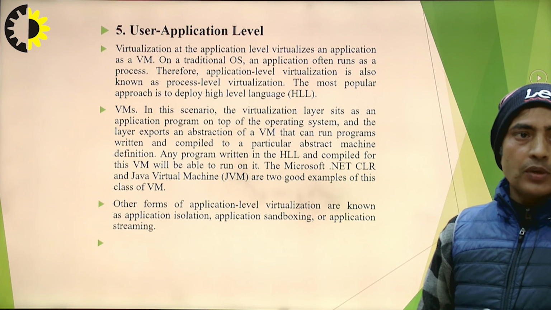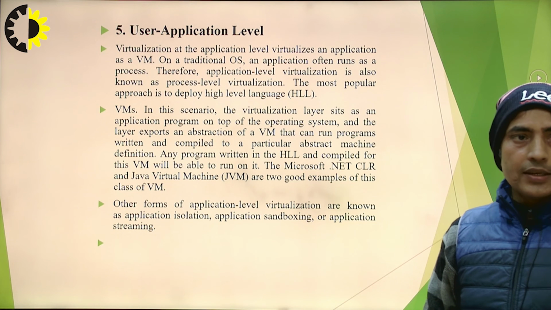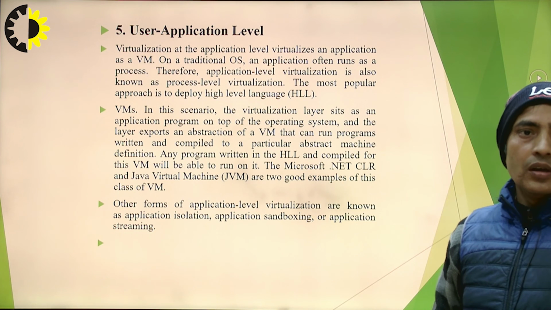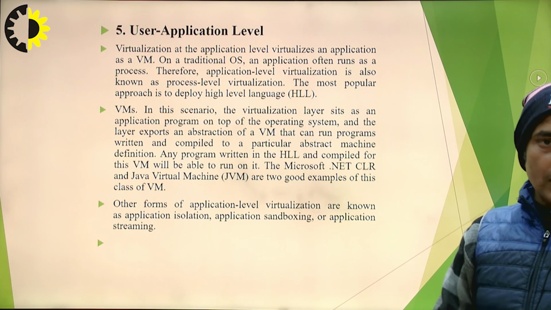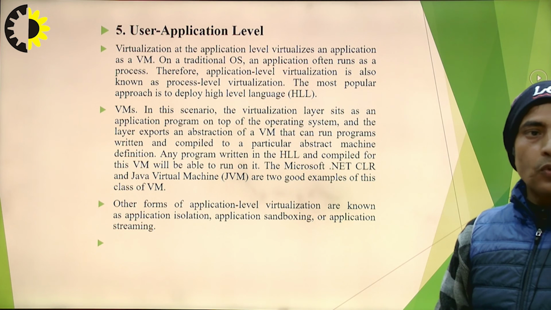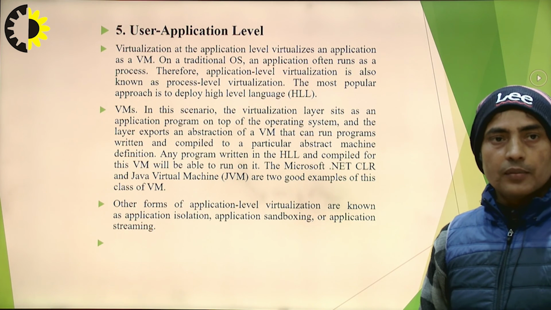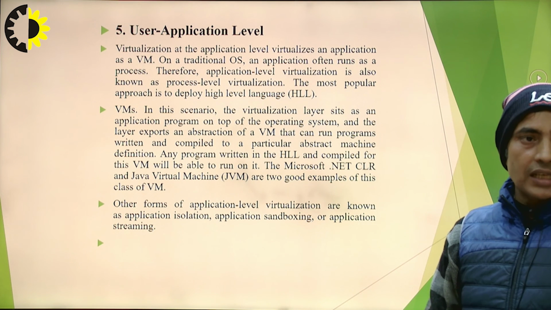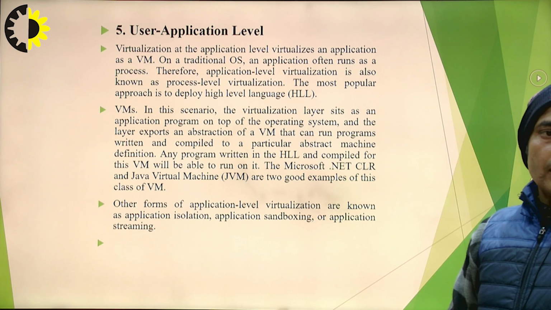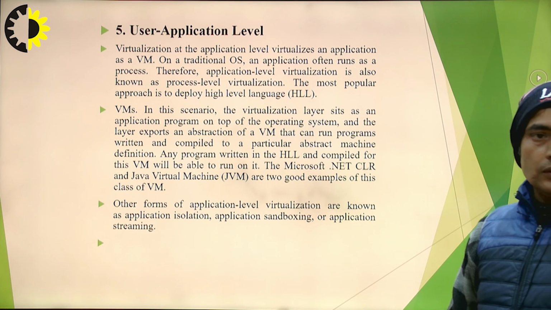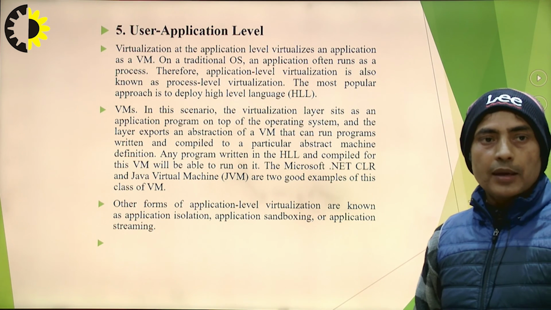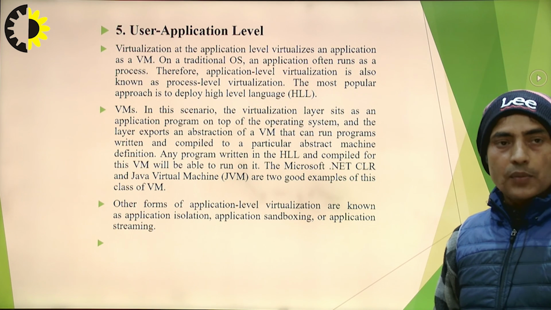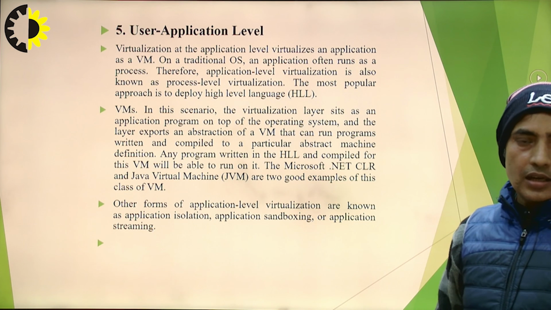The most popular approach is to deploy a high level language VM. In this scenario, the virtualization layer sits as an application program on top of the OS and exports an abstraction of a VM that can run programs written and compiled for a particular abstract machine. Any program written in an HLL and compiled for the VM will be able to run on it. Microsoft .NET CLR and JVM are two good examples of this class of VMs.